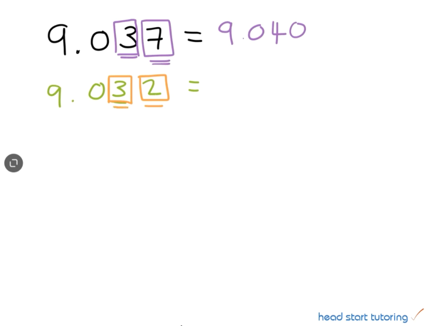We are not going to add another hundredth to this number. It is just going to stay the same. So we end up with 9.030 or 9.03, and the reason for that is because this 2, or the place value to the right of our hundredths, which we were rounding to, was less than 5.